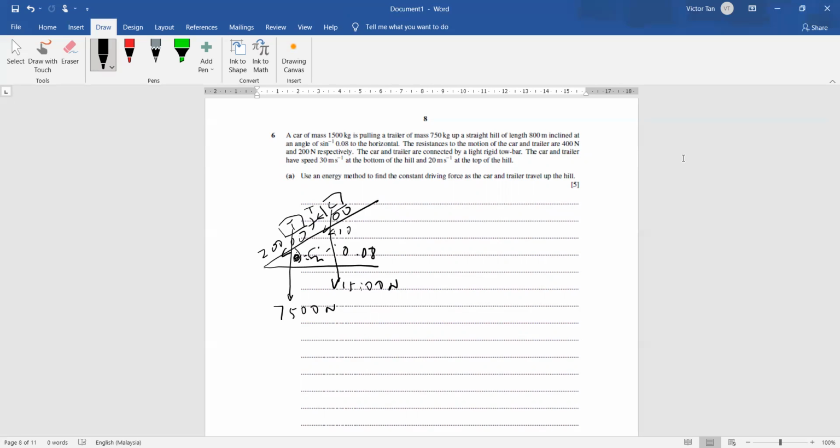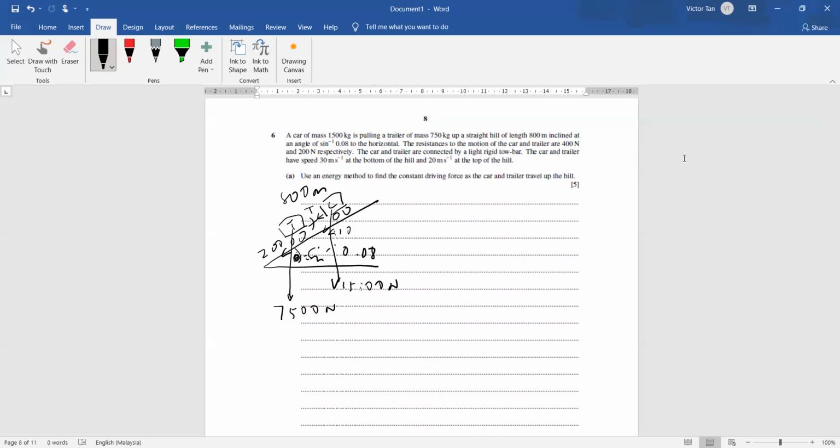So, how high? The hill is of length 800 meters. So, gain in potential energy.